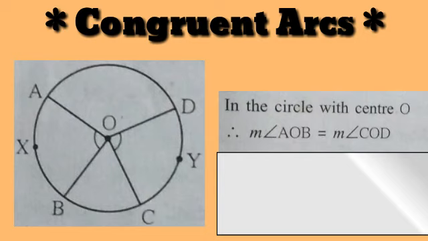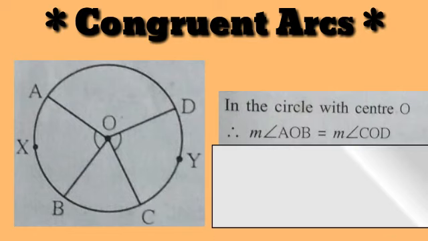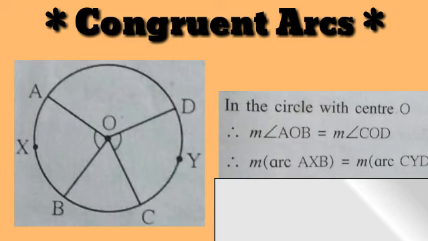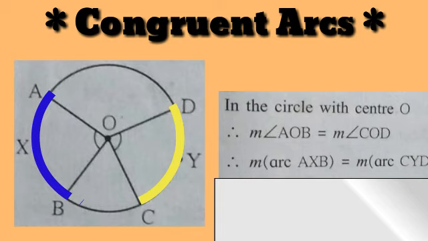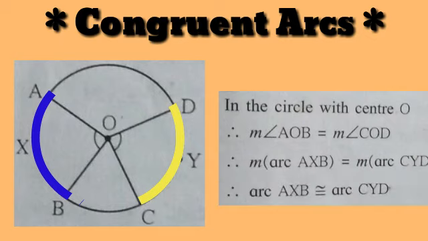As both have the same measurement, the arcs which are shown by these two angles also have the same measurement. Therefore, angle AOB is indicating the arc AXB and angle COD is indicating the minor arc CYD. So both also have equal value. Therefore, arc AXB is congruent with arc CYD.